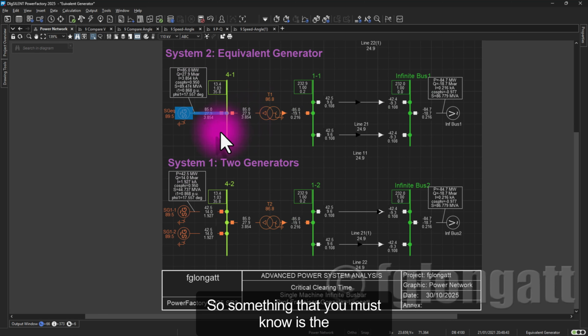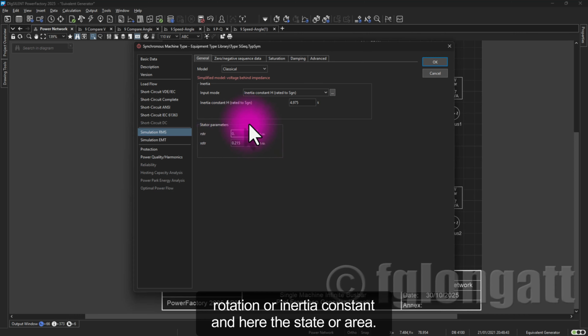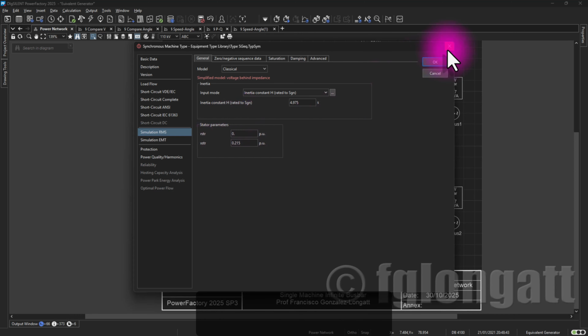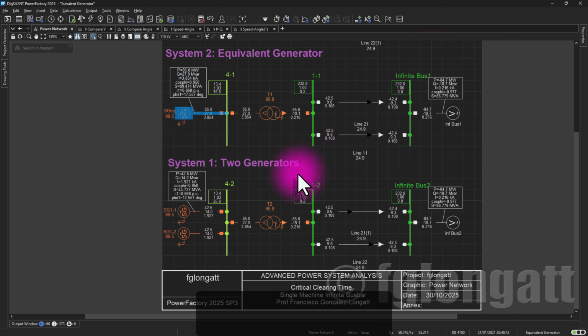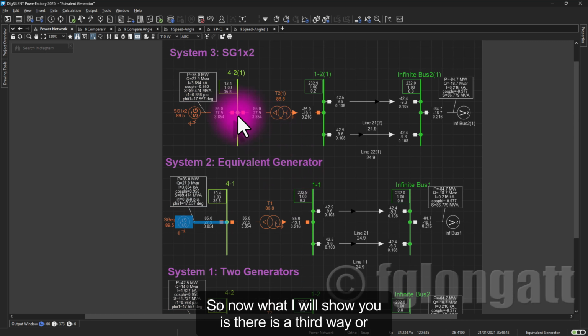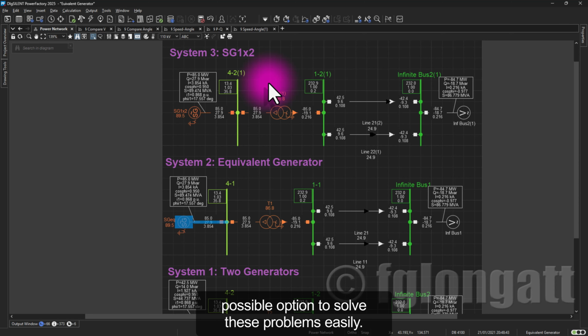Something that you must know is that yes, you can obtain an equivalent machine, and this machine will be 100 MVA. If you remember, we keep here the rotational inertia constant, and here the stator reactance. So now what I will show you is there is a third way, or a possible option, to solve this problem easily.